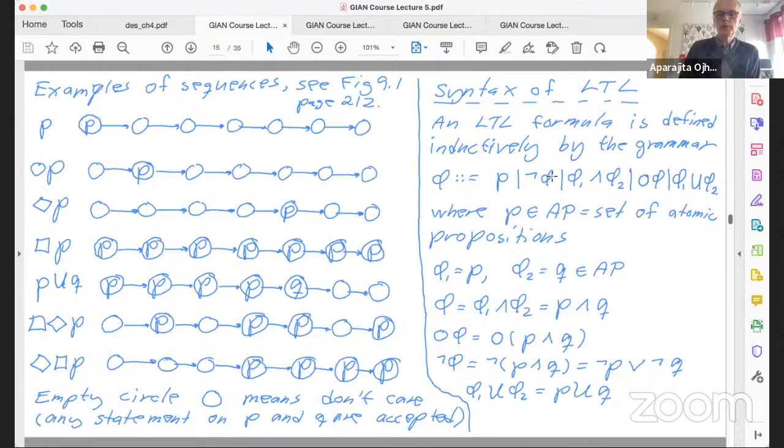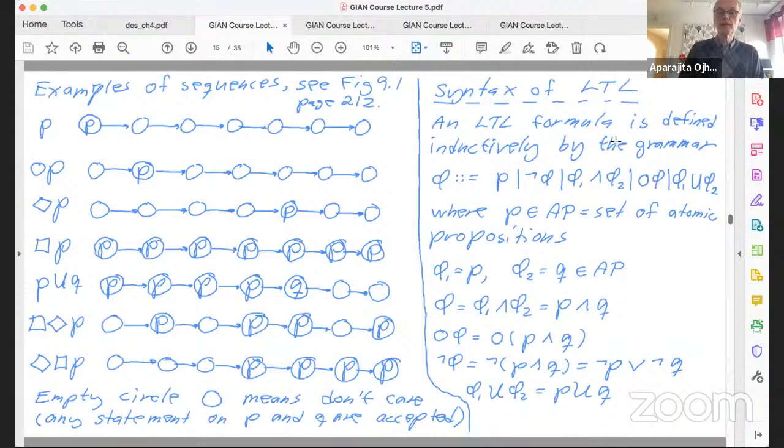Just to describe what we mean by this grammar or inductive definition, I illustrate here, let's assume that phi 1 is equal to P and phi 2 is equal to Q, and they both belong to AP. They are atomic propositions.